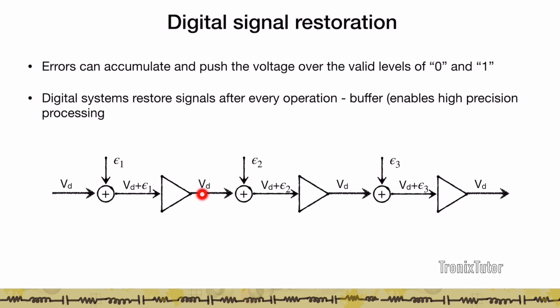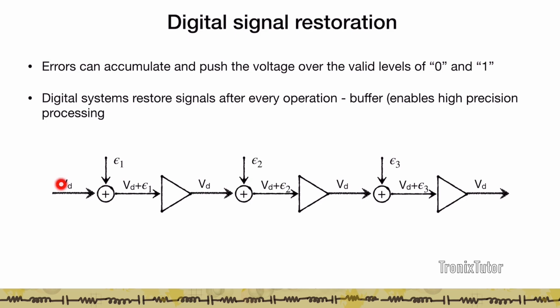So the output seems like it would have been perfect without this error present. Now the other thing to keep in mind is sometimes these errors can accumulate. So the other very important aspect of a digital system is that it restores the signal after every operation, which means that this property where the error disappears and you send the voltage back to its original intended value, right?